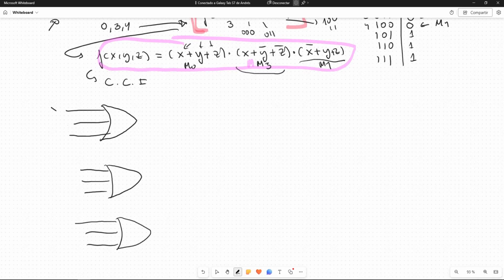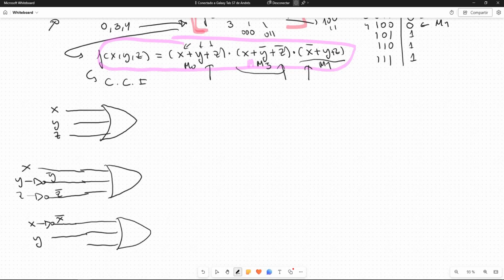So here we have x, y, and z. Here we have x negated, so we need an inverter, and negated z, we need an inverter, and finally here we have negated x, we need an inverter, y, and z.